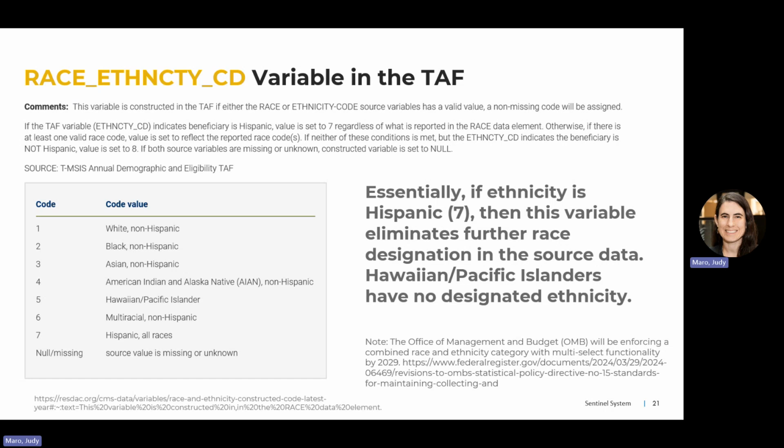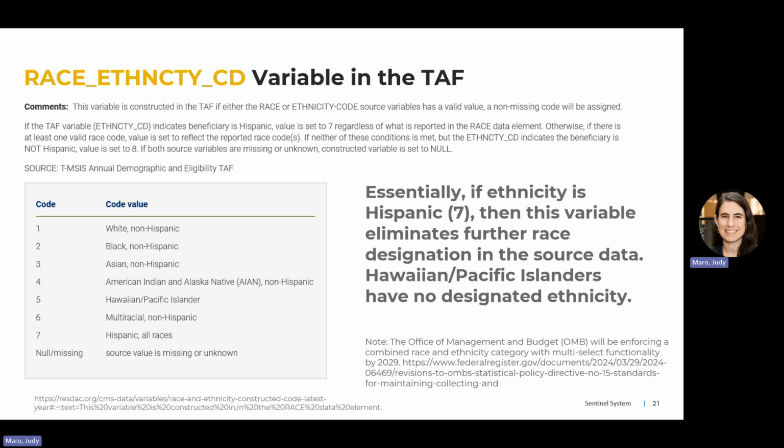The T-MSIS data set has a combined race and ethnicity variable. We're going to focus right now on when ethnicity is populated as Hispanic, or on your screen as code 7. Then this variable eliminates further race designation in the source data. So we know that individuals might be Hispanic, but we don't know if they are white, or Black, or have another race.